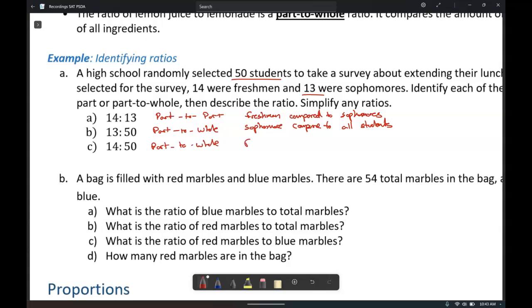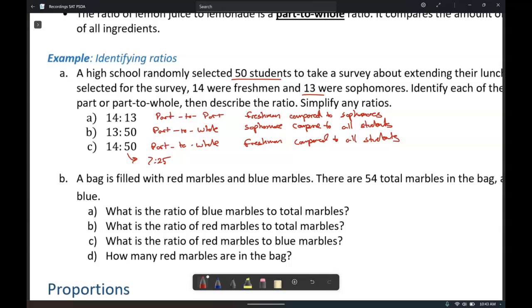This time we're representing the number of freshmen compared to all students. Now this is the only ratio that can be simplified because 14 and 50 have a common factor of 2, so we can reduce it to 7 to 25. If we divide those by a common factor, we can actually simplify ratios in the same way that we simplify fractions.